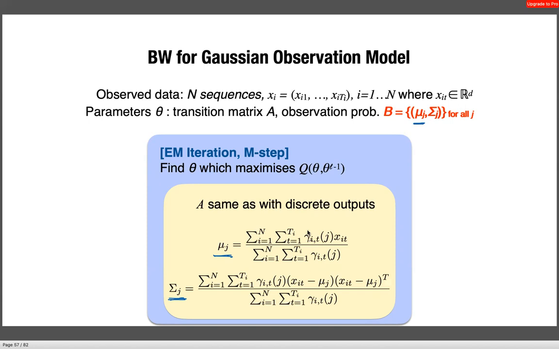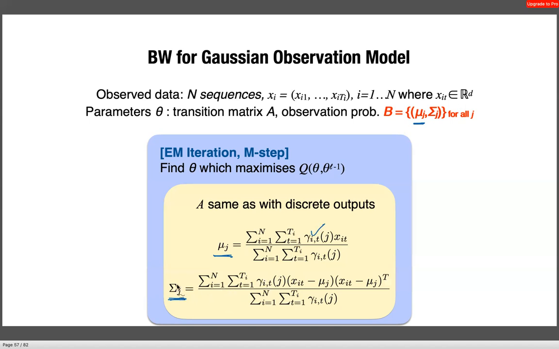It's the probability that you're in a particular state given the observation, right? So if I'm looking at mu j, I can't just take the average of all x_its, but I need to scale it with the probability that it could have been emitted at state j. So that's what this particular state occupancy probability is giving me.